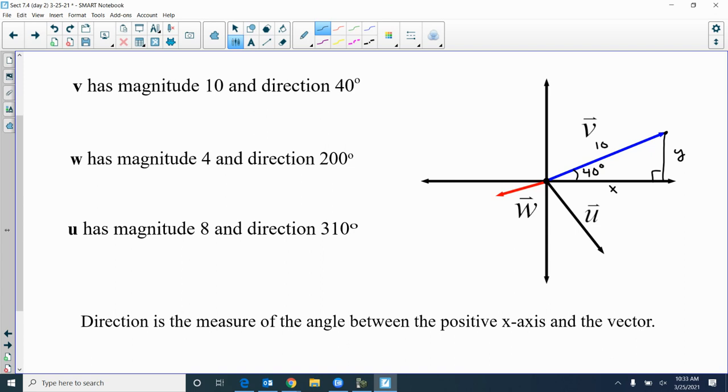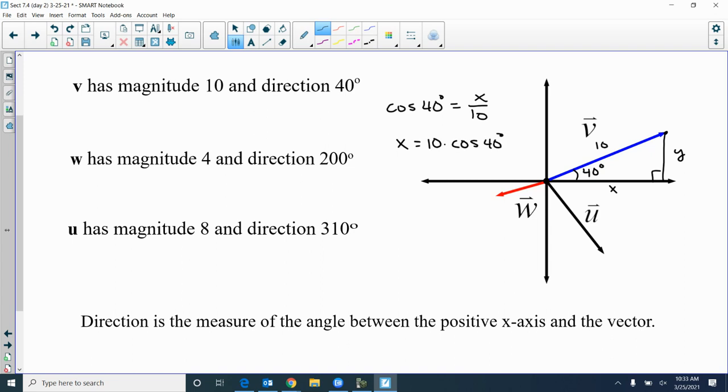So I know its magnitude is 10. I know its direction is 40. How would I find x? How would I find y? All right, Aaron, how would I find x? You find x with cosine of 40 equals x over 10. So cosine of 40 times 10. Okay, cosine of 40 equals x over 10, so x equals 10 times cosine of 40. I agree with that.